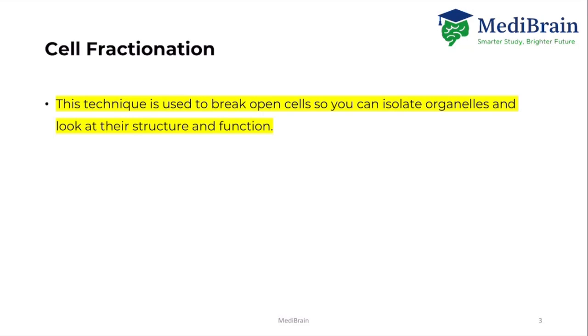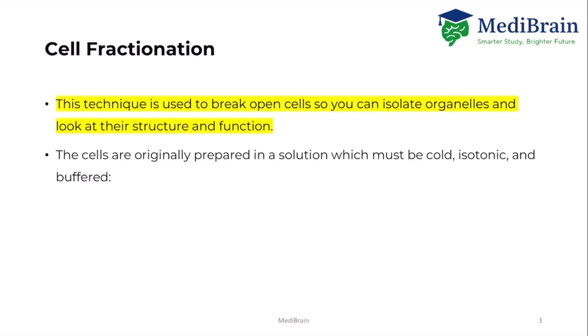But for now, if we stick to the definition, cell fractionation is a technique used to break open cells, so the organelles which are released can be isolated and you can look at their structure and the function that they perform.